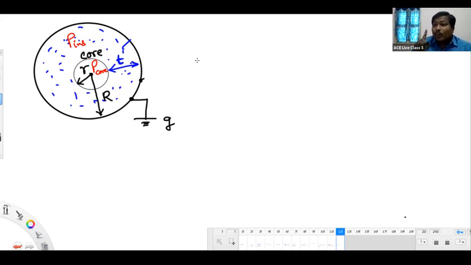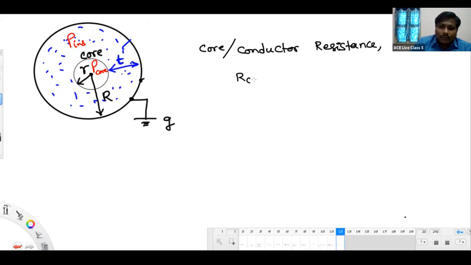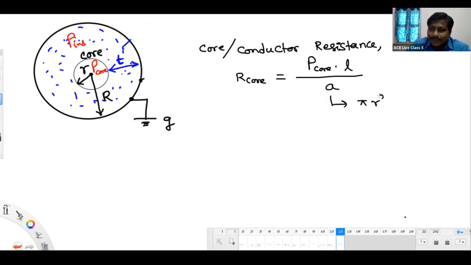Okay. First, core resistance I will write. Core or conductor resistance, very simple. So R core formula will be rho core into length by area of cross section of conductor, that area of cross section is pi r square, where small r is the radius of the core.